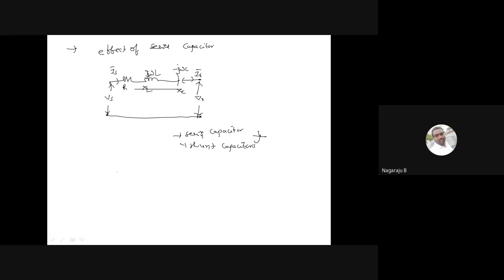Series and shunt capacitors. Capacitors can also be installed in series with the primary feeder to reduce the voltage drop. Indirectly, voltage drop is equal to IR cos theta plus I XL sin theta. So you are decreasing this by using I times XL minus XC into sin theta.